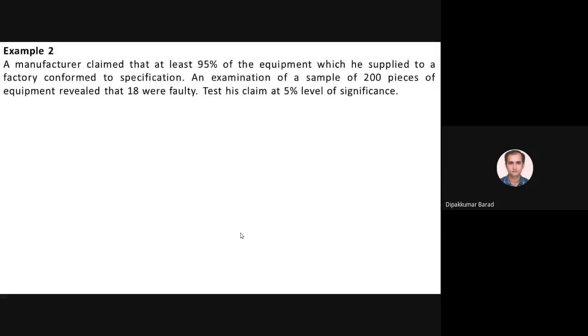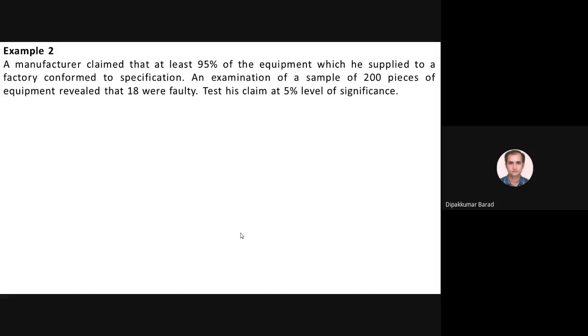Now, example. A manufacturer claims that at least 95% of the equipment which is supplied to a factory conforms to specification, and examination of a sample of 200 pieces of equipment revealed that 18 are faulty.